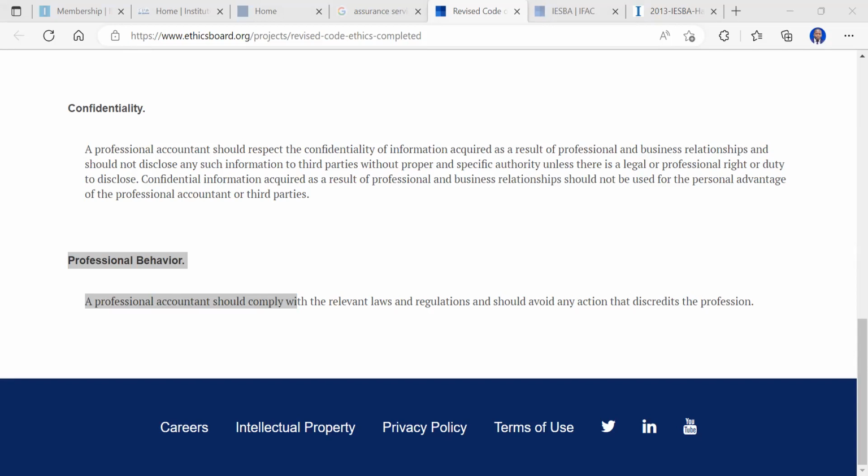profession. Some of you that have been around for some time, you know that we've had some accountants in this country whose professional certificates have been withheld or withdrawn from them, okay? Because they did actions that discredit the accountant's profession.